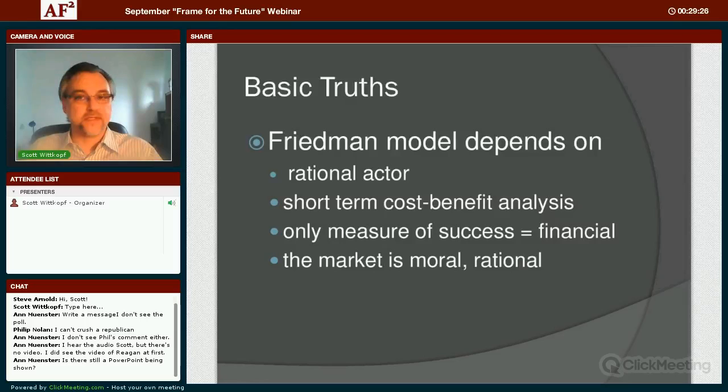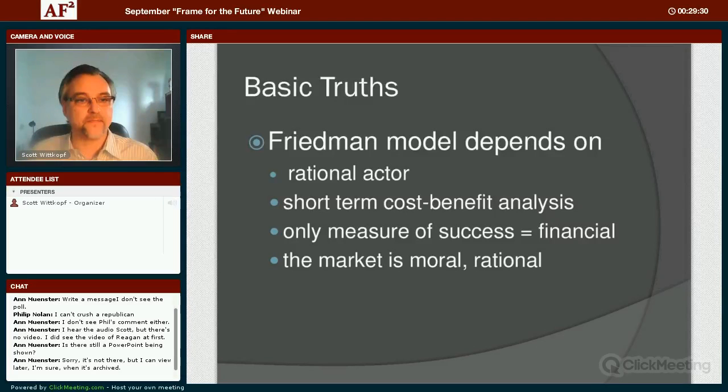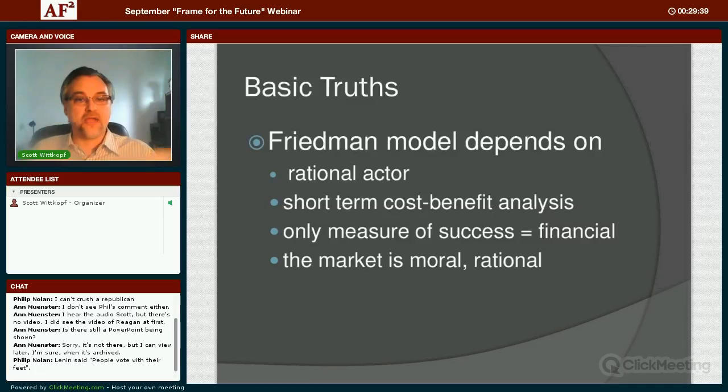And it's generally considered in terms of financial, as you see in the third point there. So the idea that the only measure of success is financial, and that you make all these policy decisions based on a short-term cost-benefit analysis, does, yes, exactly.